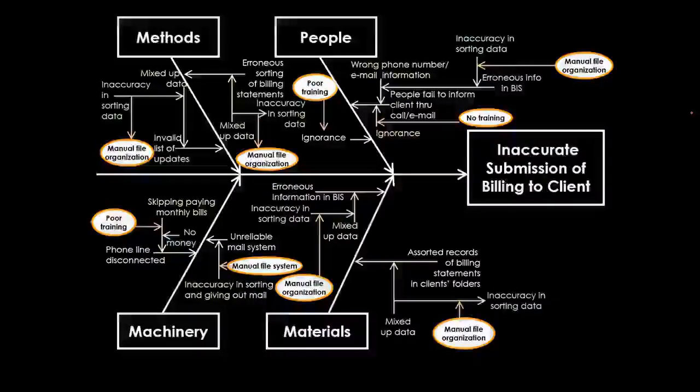Everything relates to the same issue, manual file organization. In addition, you can recognize another one, poor training or no training. That means you are required to conduct good training programs to fulfill the requirements. Then it will eliminate the ignorance.